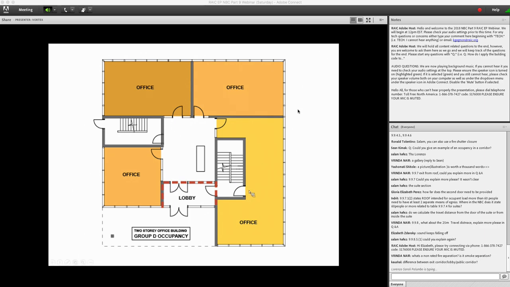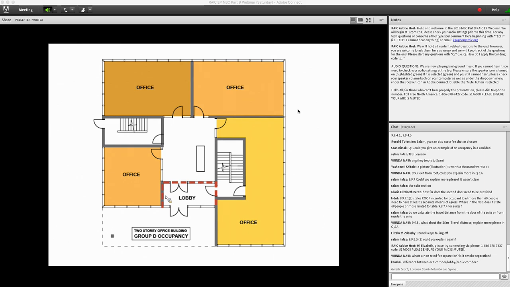Now, if that building is sprinklered, then the fire separation between the lobby and the adjacent occupancies, which is what we have highlighted in red, for instance on the left side between the lobby and the office, need not have a fire resistance rating, meaning that it just needs to be a smoke barrier.